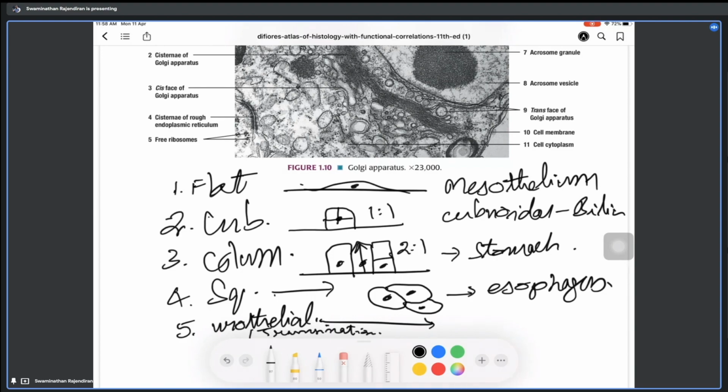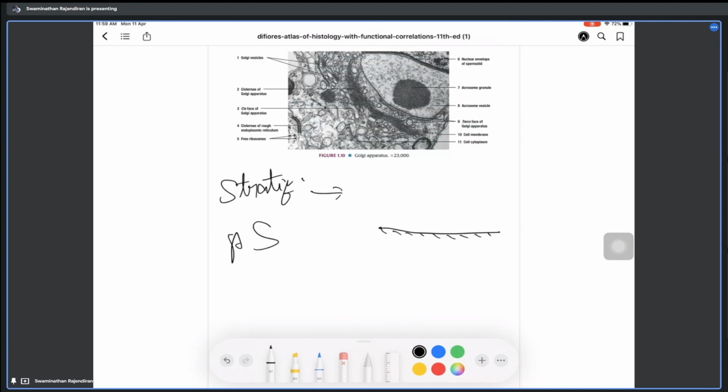You have to know what is stratified and pseudo-stratified. Stratified means more than one layer of cells. Each cell, I can draw only 3 lines. They are all sitting on each other, and when you trace them to the basement membrane, they are not connected. This cell, for example, is sitting over these 2 cells. It is not connected with the basement membrane. Whereas in pseudo-stratified, what happens?